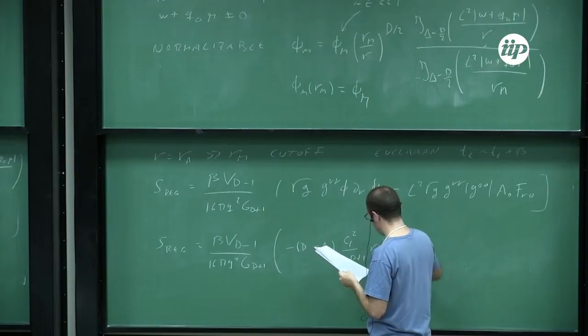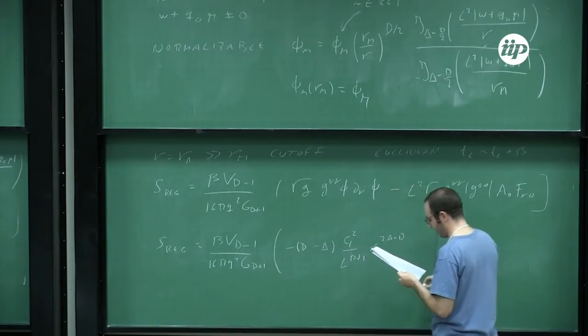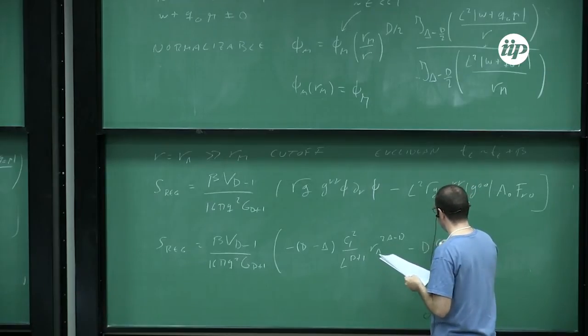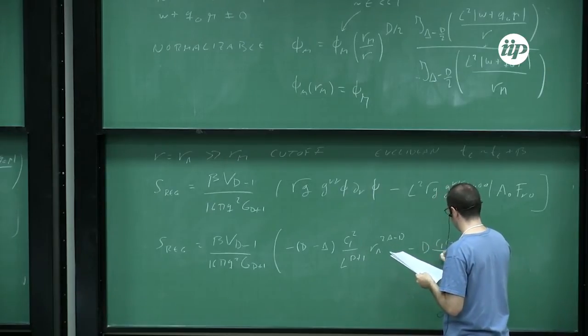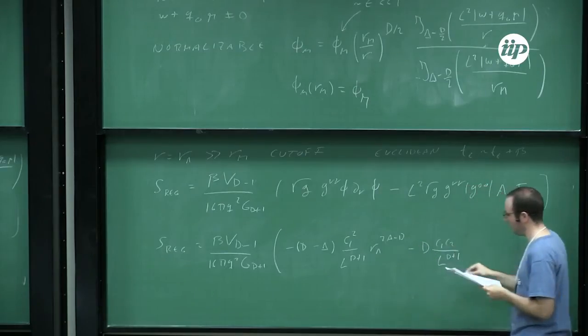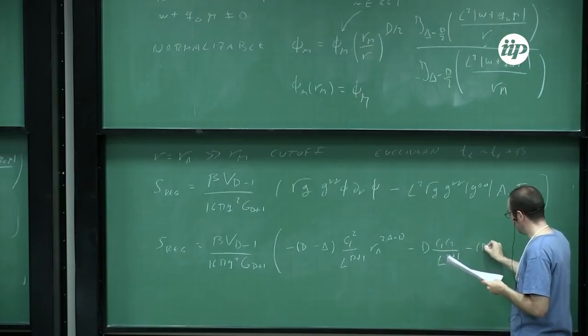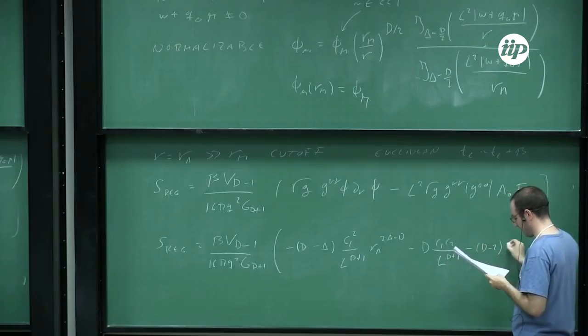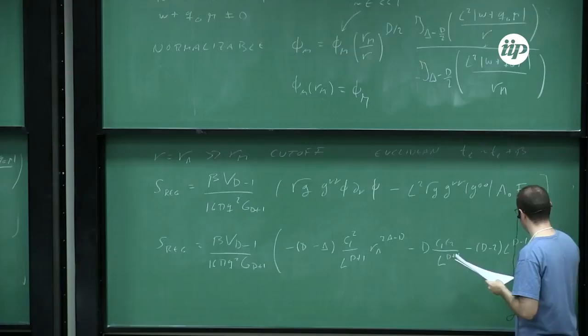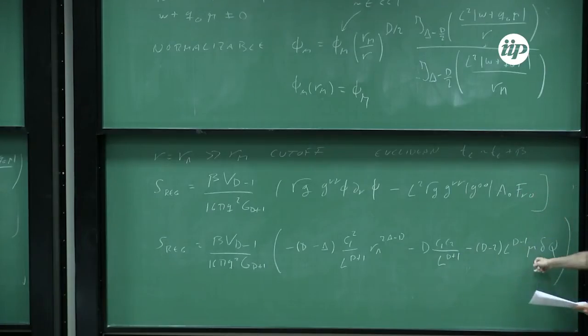And it has a dependence on the cutoff that will blow up if you send the cutoff to infinity. There is a finite piece, which is like a cross term between the normalizable and non-normalizable modes. And there is a contribution that comes from the gauge field, and which is proportional to the chemical potential times the charge density.